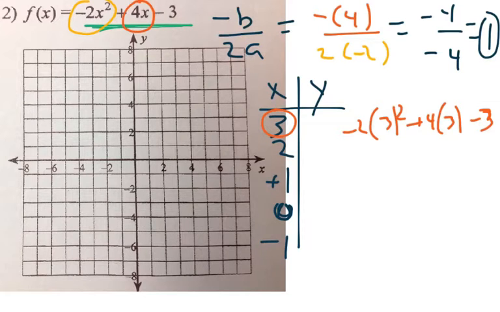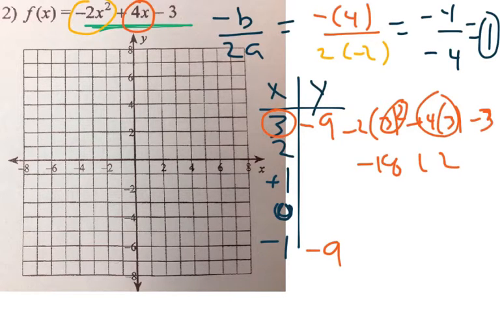Please use your calculators, okay? Even I mess up sometimes, as you've noticed, just doing it mentally. So it's worth it just doing it with your calculator. Enough said. So 3 squared is 9, times negative 2 is negative 18. 4 times 3 is 12. I know 12 and negative 18 is negative 6, minus 3 is negative 9. I know negative 1 by symmetry is negative 9.